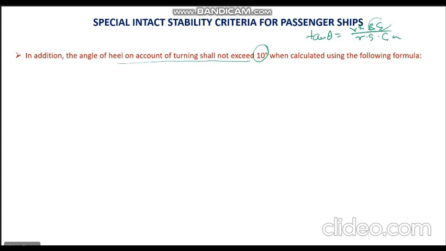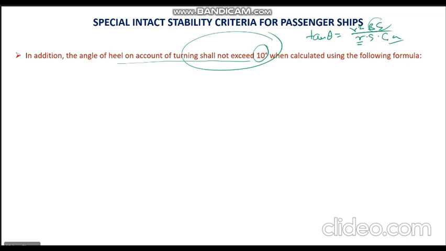The ship can have different draft, the KB will change. The ship can take a turn of any radius, sometimes less, sometimes more. So GM of the ship can change. So when we say the heel should not exceed, at what speed, for what radius, for what GM should the vessel demonstrate its compliance? That question will come up, no? Yes or no? Yes, sir.